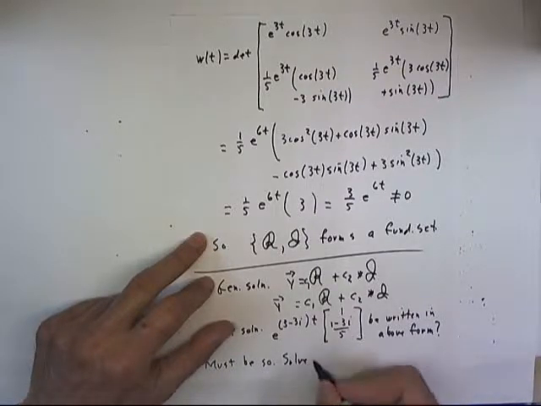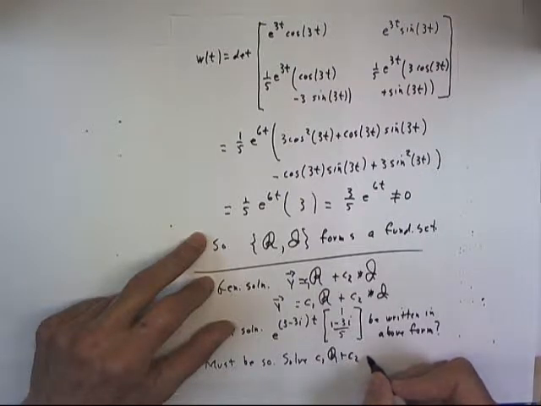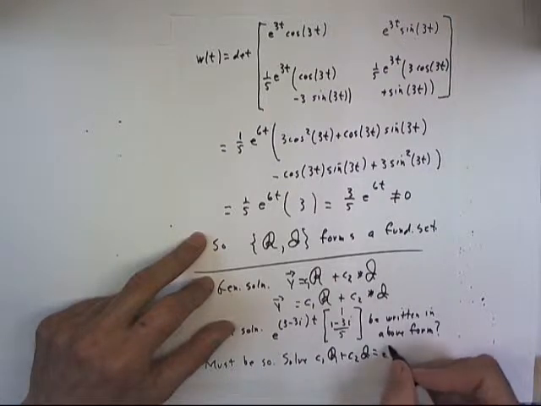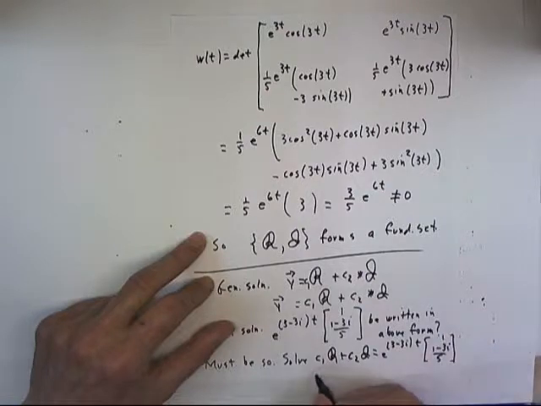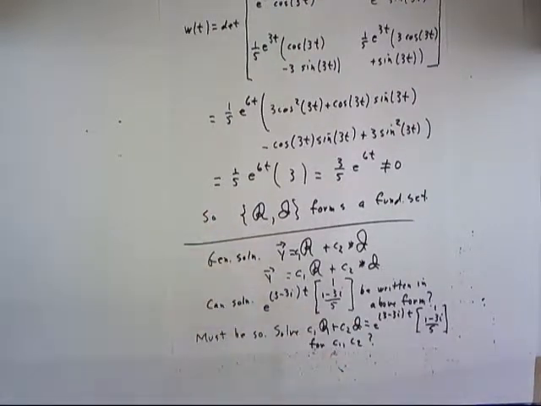So can we solve C1 R plus C2 script I equal e to the 3 minus 3i t times 1, 1 minus 3i over 5 for C1 and C2?